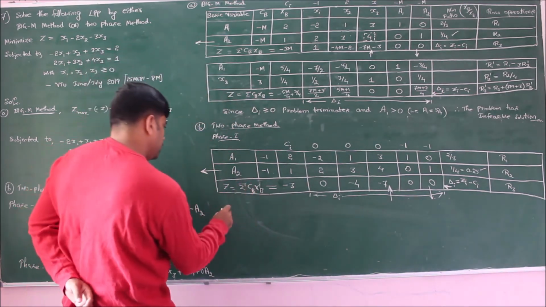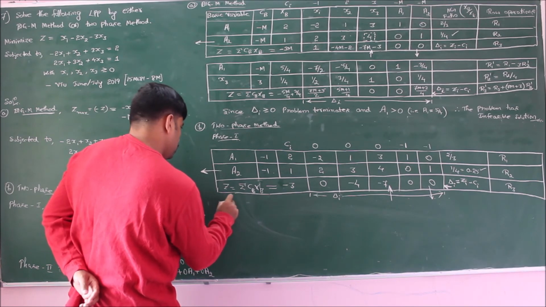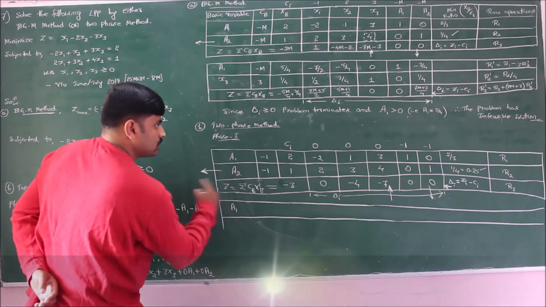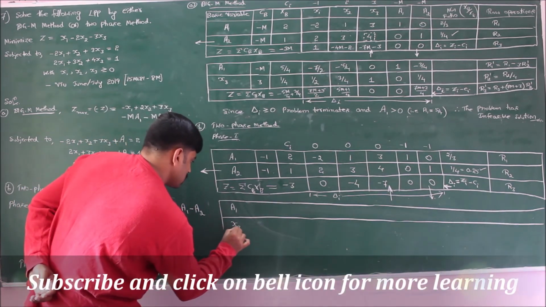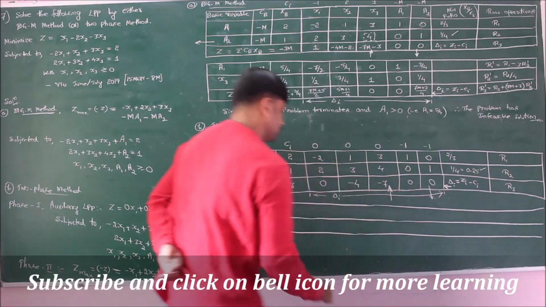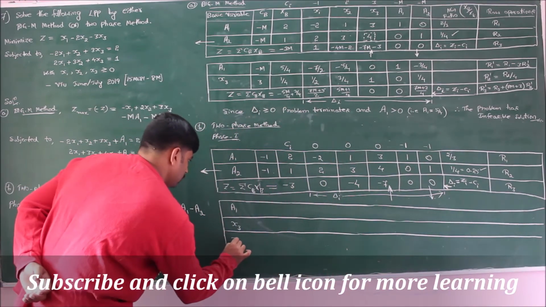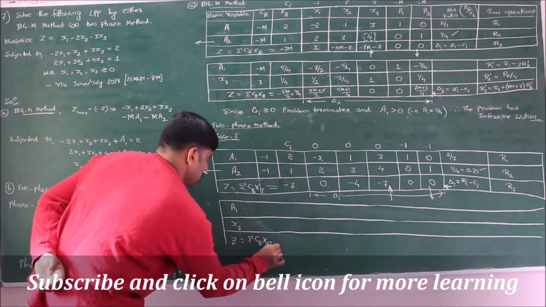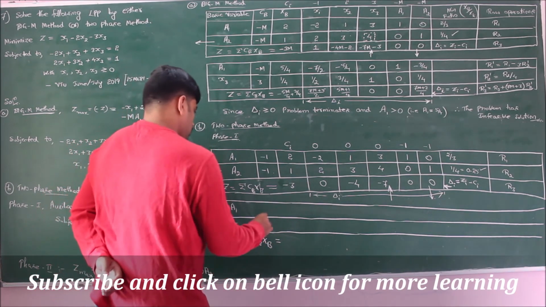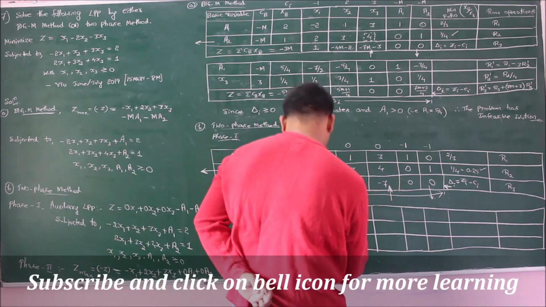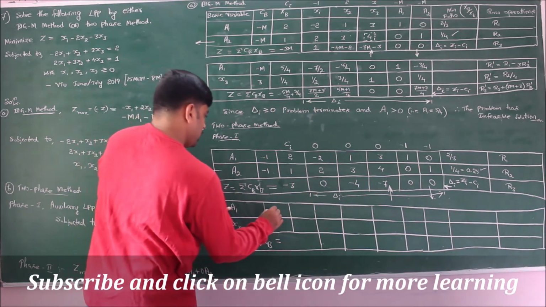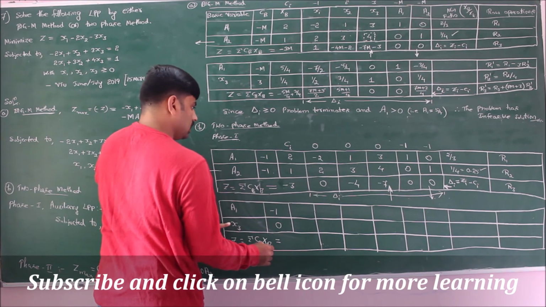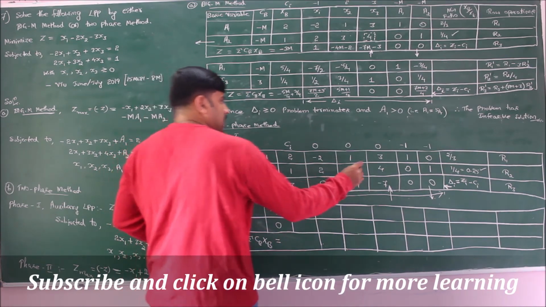So if I rewrite the table 2, we have A1 unaltered, A2 moves out and x3 comes in, and I should calculate the value of z, which is equal to summation of CBXB. The coefficient of A1 is -1, x3 is 0. Now the key element is 4.